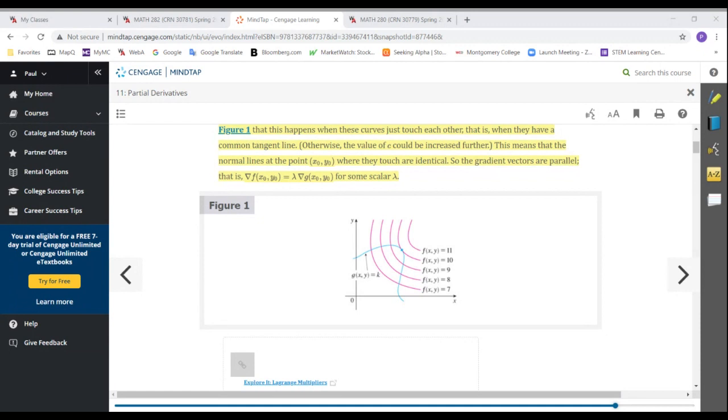Remember, the level curves are when you set the function equal to values. Well, if you have a constraint function, g of x, y, that equals k, you can see in figure 1 that a constraint function can also be graphed as a level curve. A function f of x, y equaling a number is a level curve, and a function g of x, y equaling a number also gives another level curve.